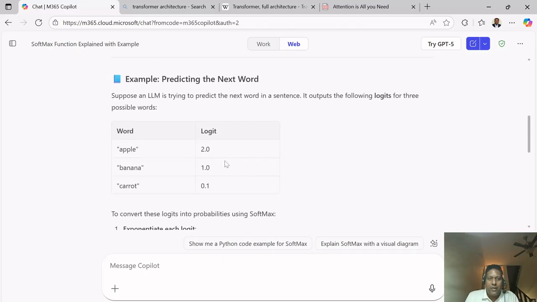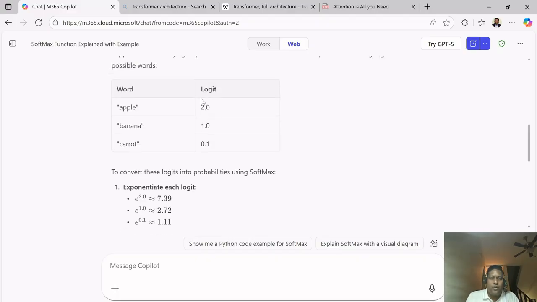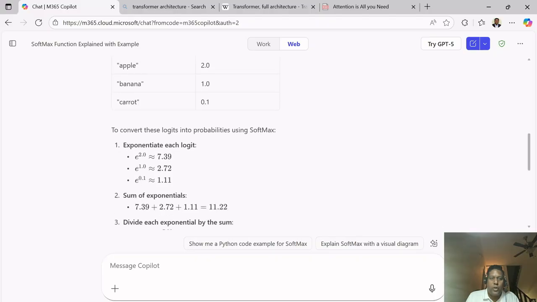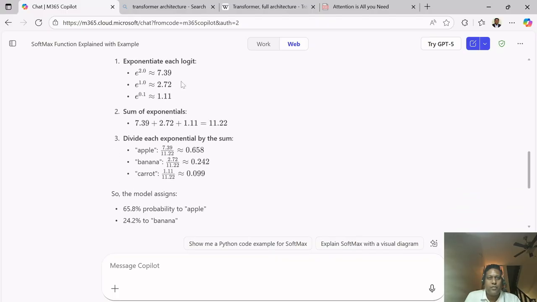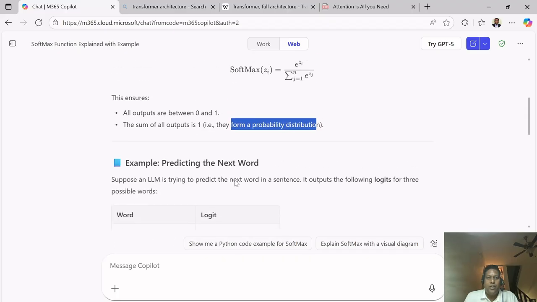So that's what the softmax does. And they've given an example as well with 3 words, and you can see how we take these values and do the exponent of that, where e is 2.72. When we do the exponentiation, these are the values, they sum to 1122, and when you divide by that sum, you get these values. And that's what we are doing here, right?